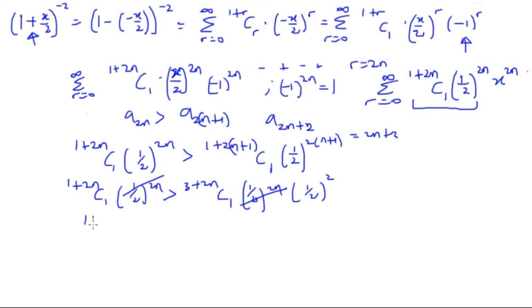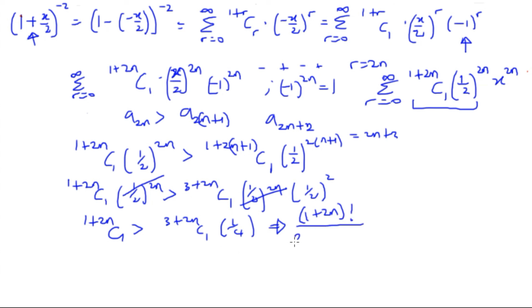As a result, I will have 1 plus 2n combination 1 greater than 3 plus 2n combination 1, and of course I will have 1 over 4, which is equal to 1 plus 2n factorial upon 1 plus 2n minus 1, which is 2n factorial, and of course I'll have 1 factorial, and it has to be greater than 3 plus 2n.